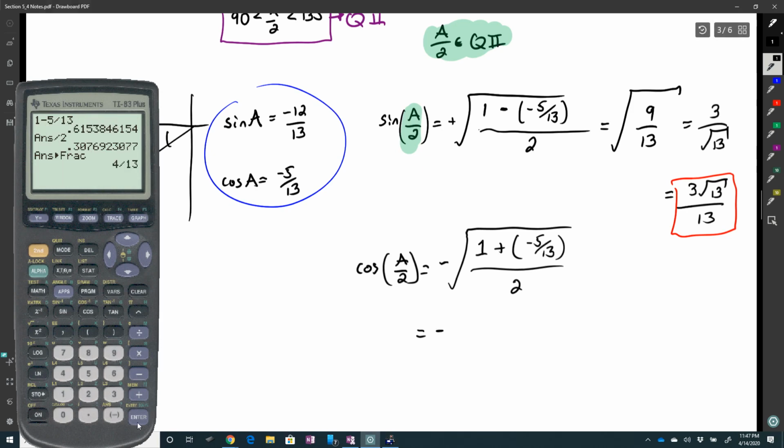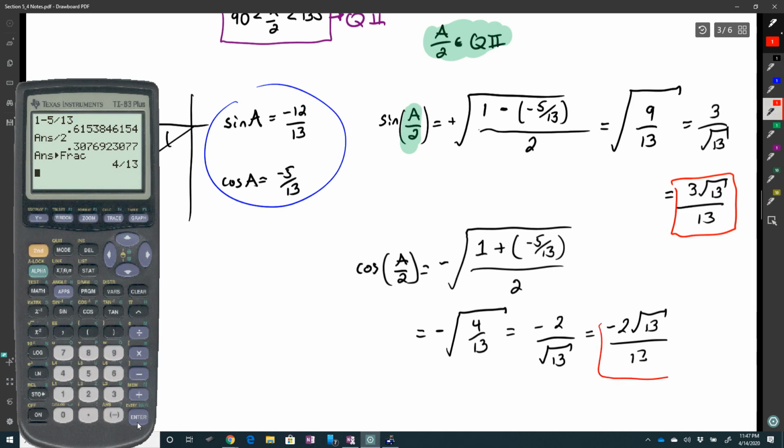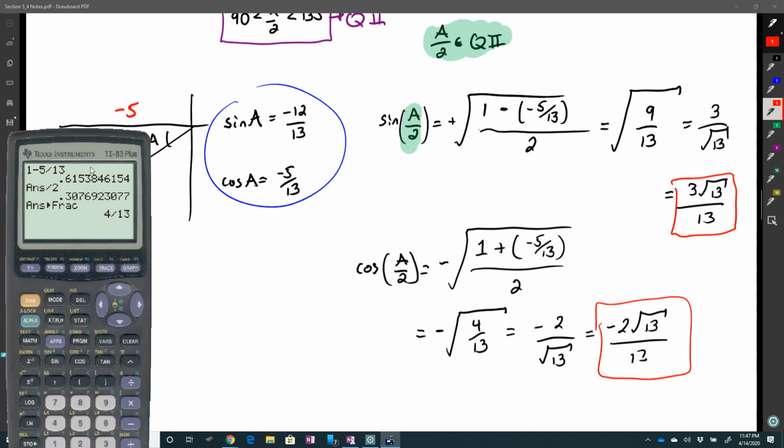So I get negative square root of 4 over 13, which is negative 2 over square root of 13, which you can rationalize to be negative 2 square root of 13 over 13. Right, so that's sine and cosine.